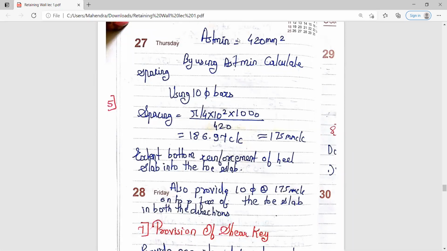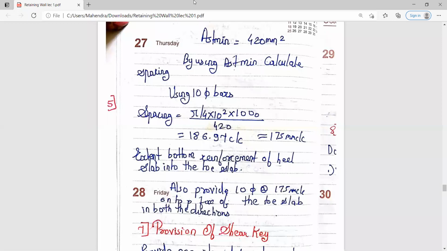So extend bottom reinforcement of the heel slab into the toe slab. You can extend your bottom reinforcement up till the toe slab, and also you need to provide 10 mm phi at the rate of 175 mm center to center on the top face of the toe slab in both the directions. For both directions you can provide the same reinforcement, that is 10 phi at the rate of 175 mm center to center.